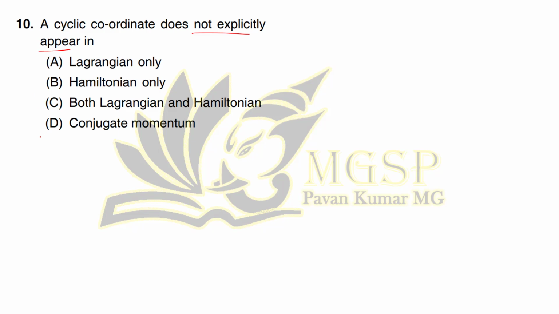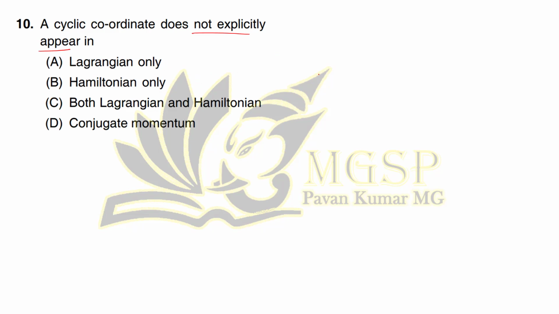The thing here is explicitly, not implicitly. If a particular coordinate doesn't appear in the Lagrangian, it is called a cyclic coordinate, or it can be called an ignorable coordinate.